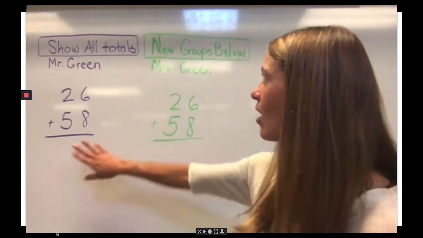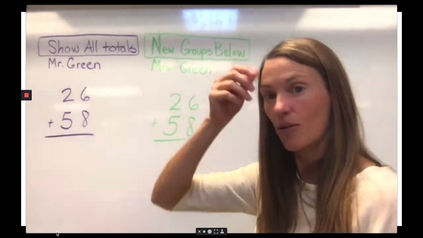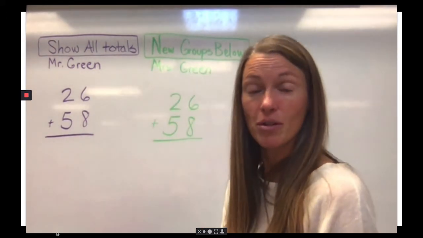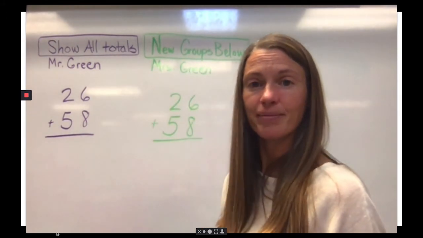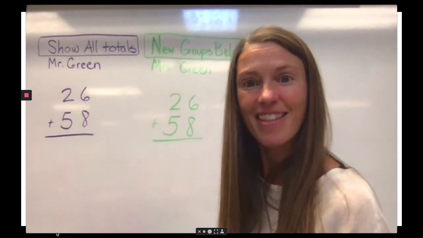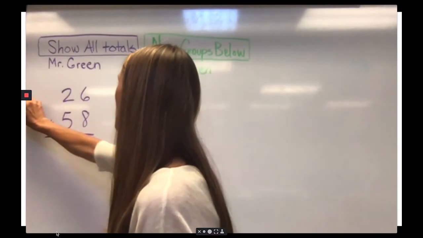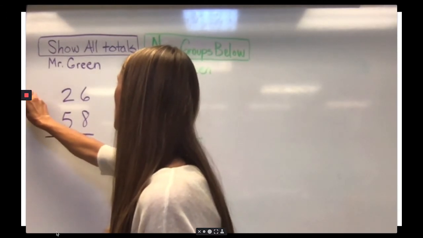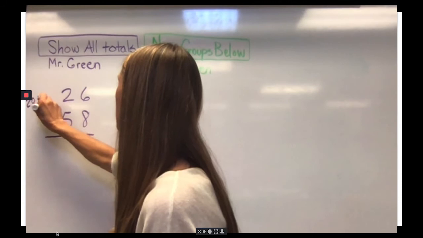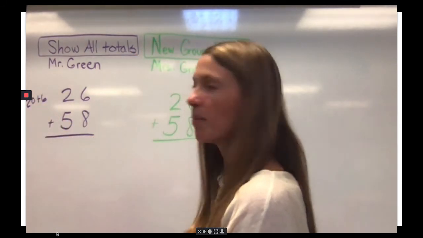So first we'll solve with Mr. Green's show all totals. And when I'm doing the show all totals method, what do I need to do? Yeah, start in the tens. Okay, so Mr. Green has 26, which is 20 plus 6, if we write that in expanded form.